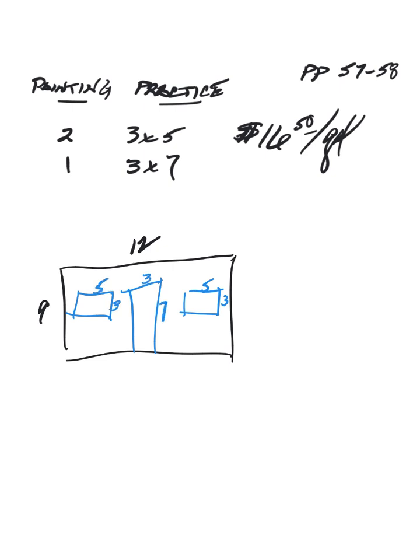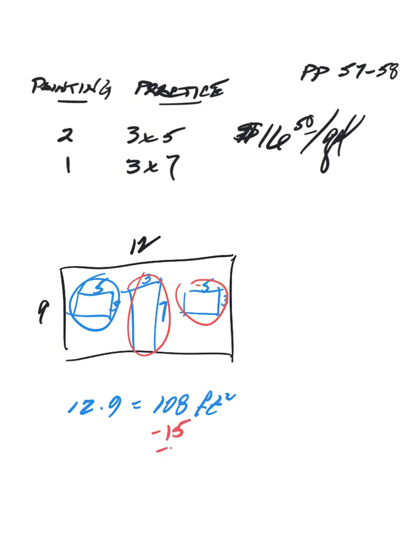So we need to remember that 12 by 9 is how big this wall is. But we also have to subtract this 3 by 5 window, this 3 by 5 window, and this 3 by 7 door. And that'll tell us the amount of area that needs to be painted.